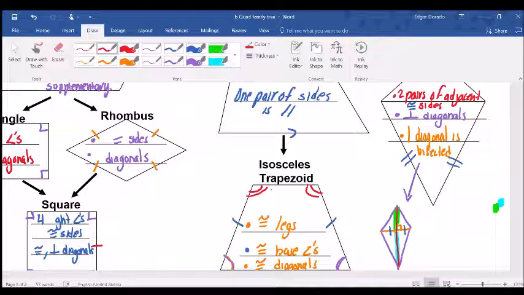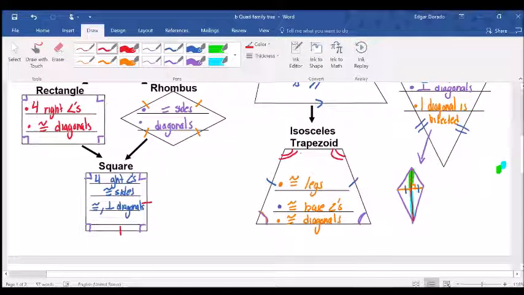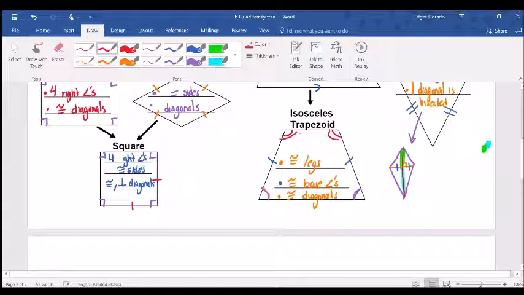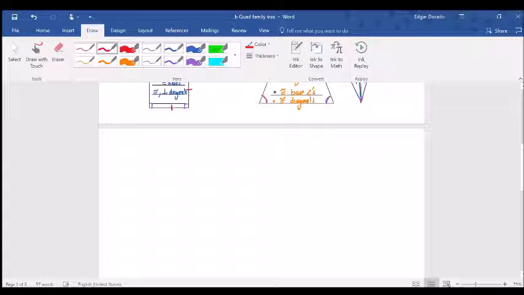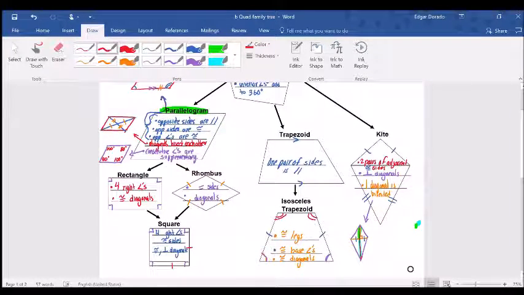All right. Let's see. Did we get it all? Let me go ahead and zoom out here for a second. So remember, guys, this kind of works upward. Okay. So what makes each of these quadrilaterals special is the fact that they hold those particular characteristics that we just wrote in. So those are the only ones that apply to that particular shape. So only squares have 4 right angles, congruent sides, and congruent and perpendicular diagonals.